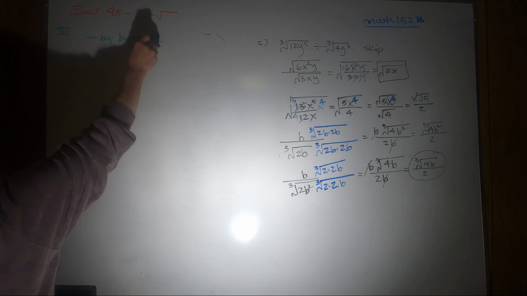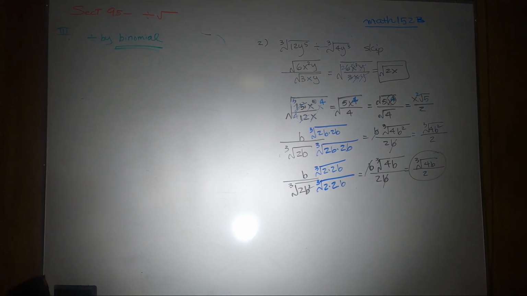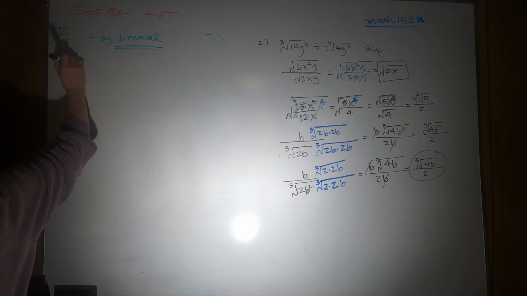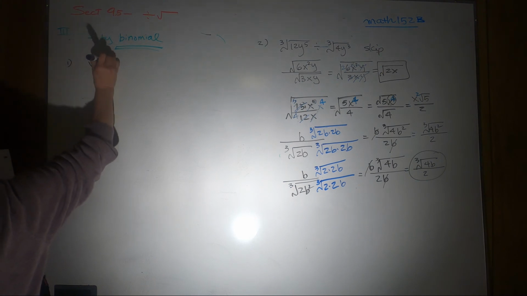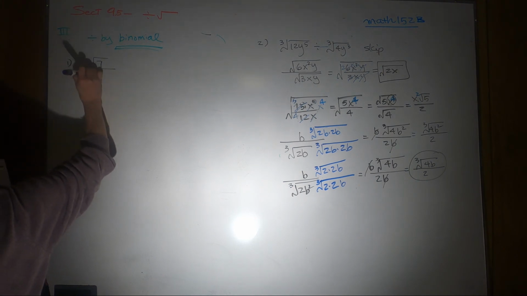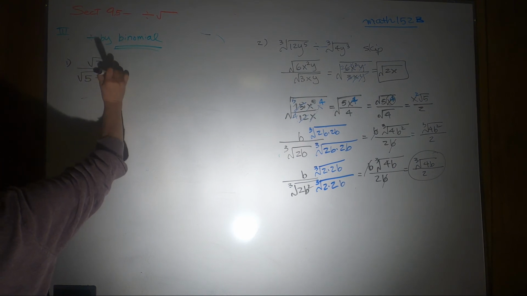But when your denominator is a binomial, you cannot do that, right? How are we going to do it? Let's take a look. Like square root of 7 divided by square root of 5 plus square root of 3.